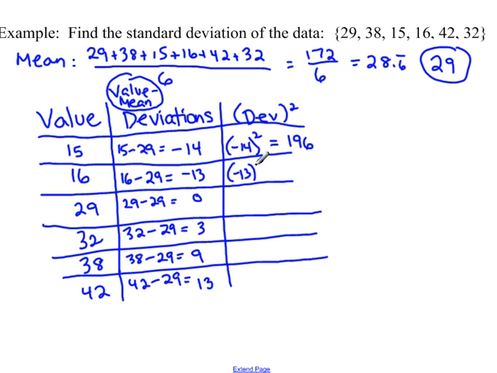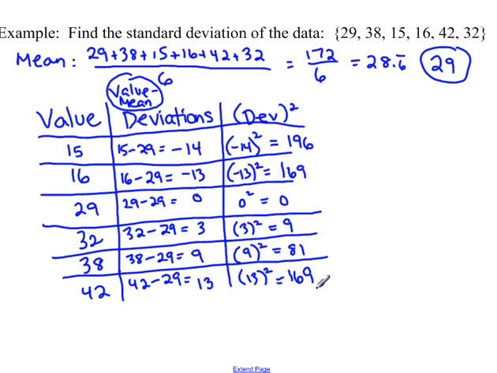Negative 13 squared is positive 169. 0 squared is 0. 3 squared is 9. 9 squared is 81. And 13 squared is 169.